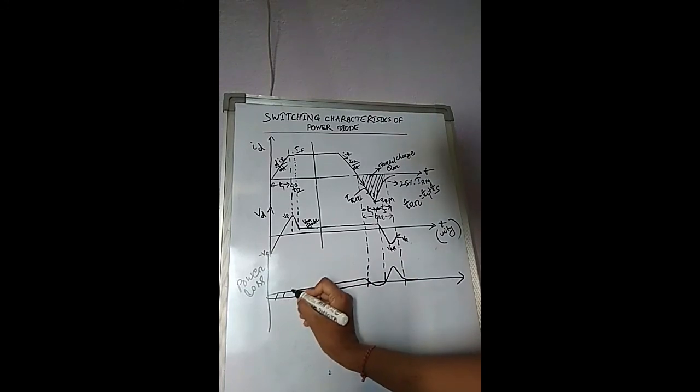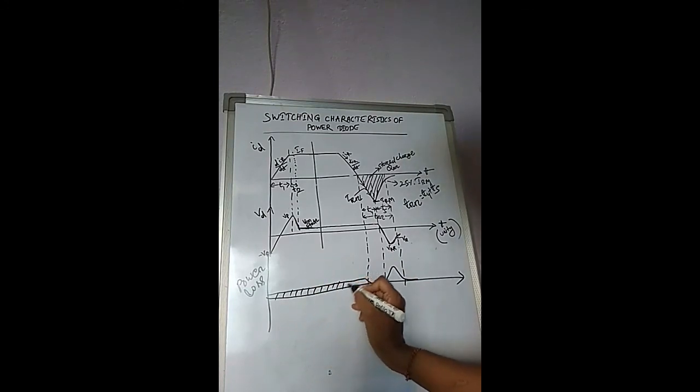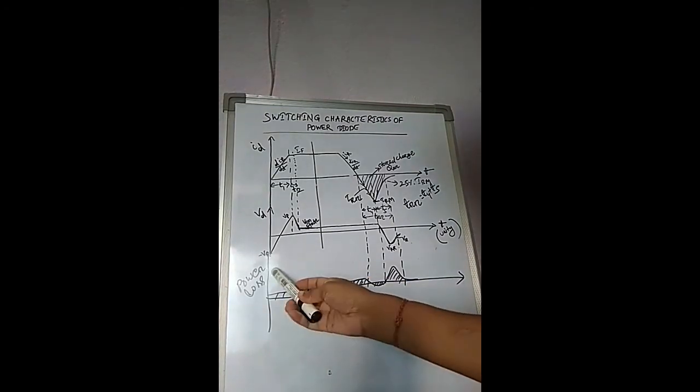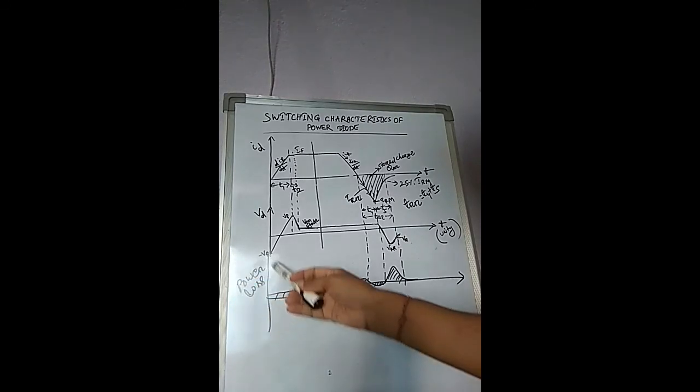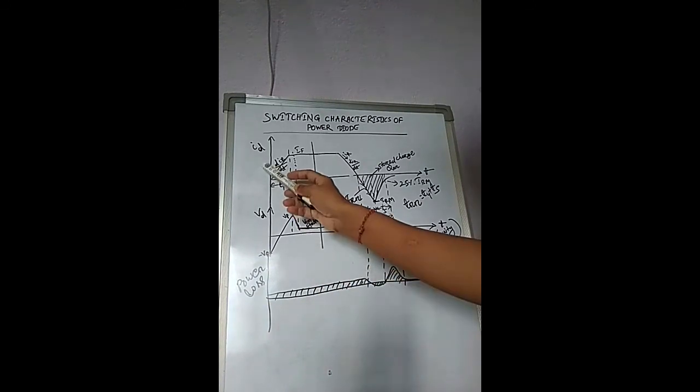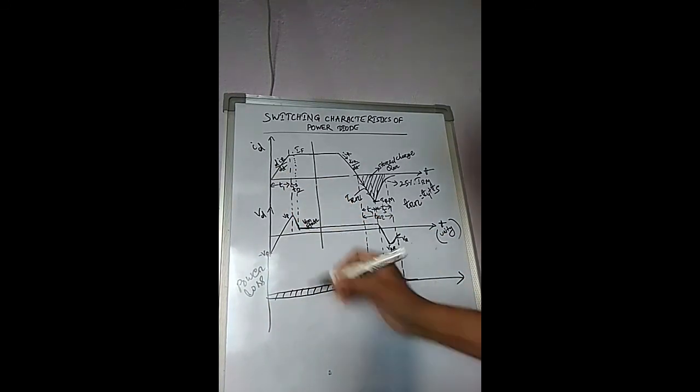So this is the power loss characteristics during the switching characteristics of the diode. The definition of power is the product of voltage and current. So here power loss is the product of ID and VD.